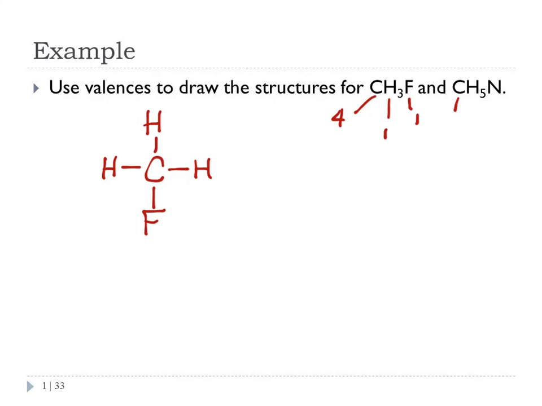CH5N. Well, we already decided that carbon was 4, hydrogen is 1. What's the valence of nitrogen? 3. That's its number of bonds, right? So we've got a carbon in here. Those hydrogens are going to have to go on the outside because they can only make 1 bond. So the carbon and the nitrogen must be bonded to each other.